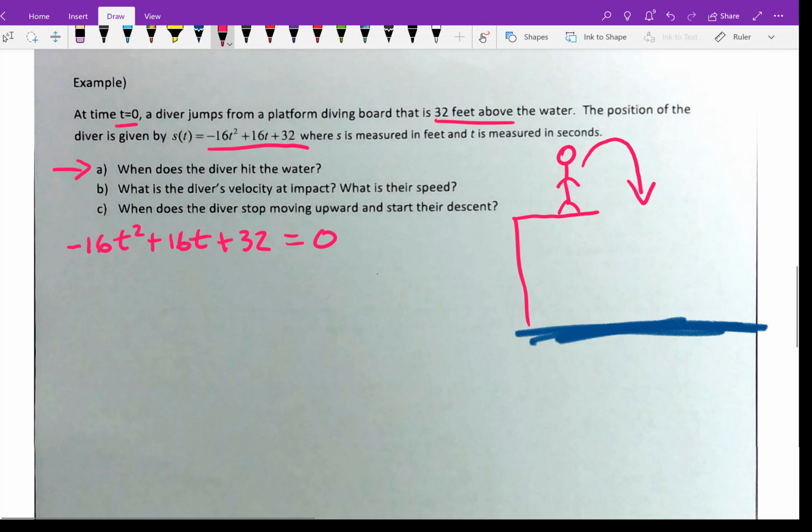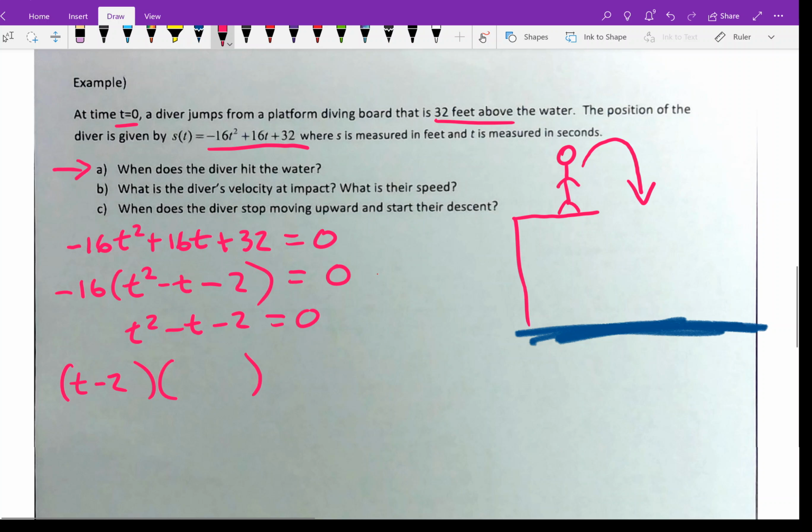Then I'm going to factor it. I need to pull out the common term, which is negative 16. That leaves me t squared minus t minus 2 equal to 0. If I divide both sides by negative 16, that just leaves me with t squared minus t minus 2 equals 0.